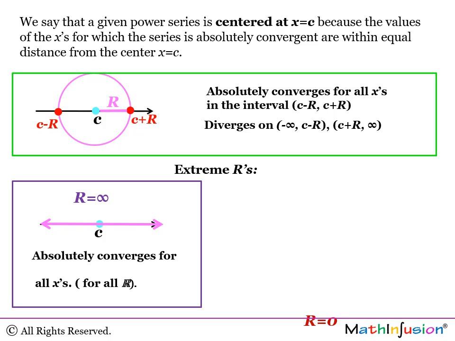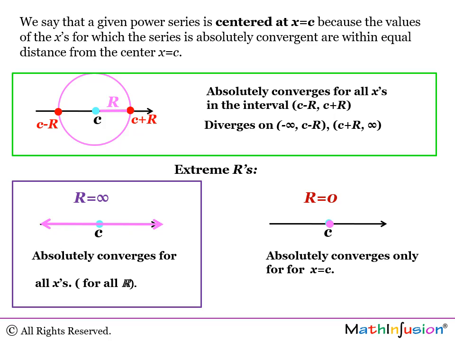The other extreme is when r equals 0. So if r equals 0, it means that the series absolutely converges only for the value of x equals c. Obviously, in this case, it's going to diverge for all x's which are not c.